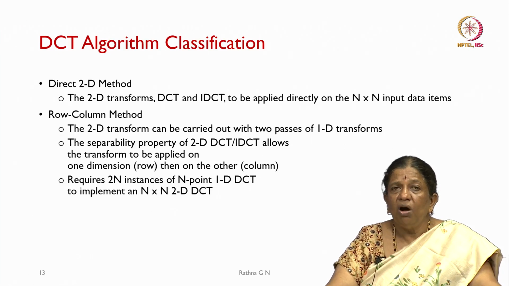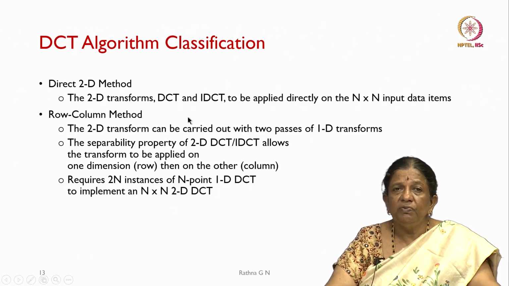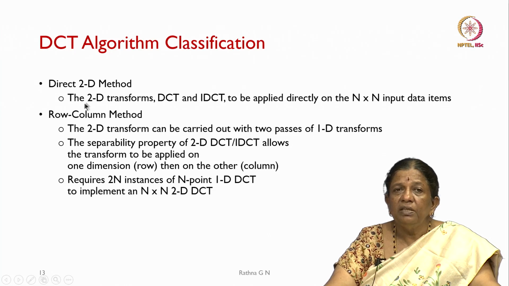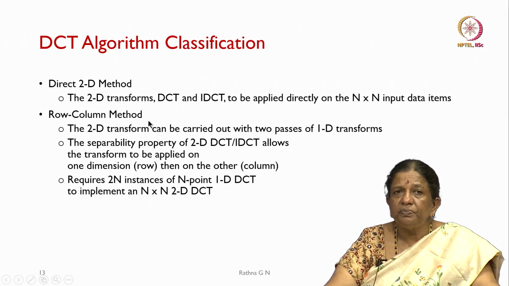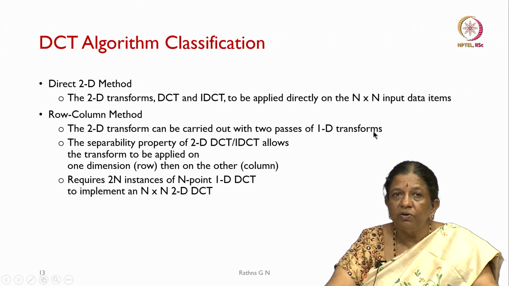Okay. So, how are we going to classify our DCT algorithm? Either we can do the direct 2D method, where the 2D transforms, both DCT and IDCT, are applied directly on the n by n input data items, or we can go with the row column method. That is, the 2D transform can be carried out with 2 passes of 1D transforms.